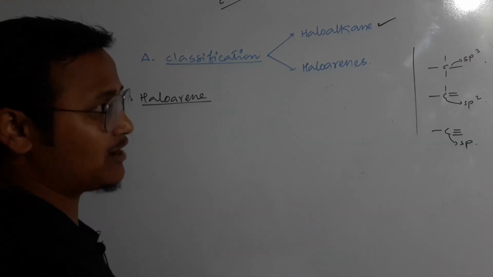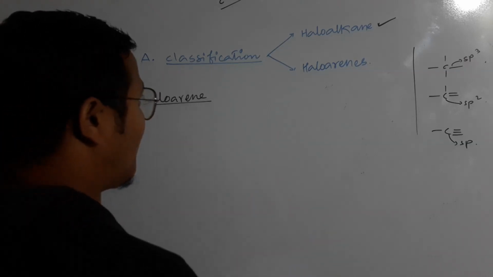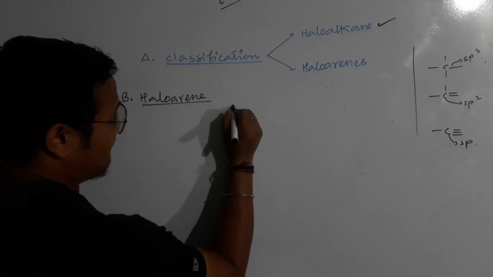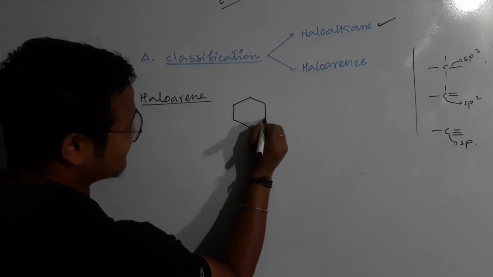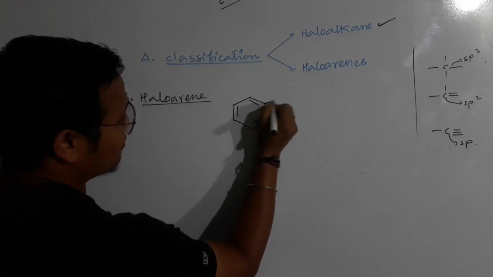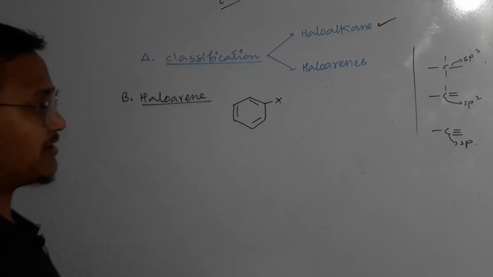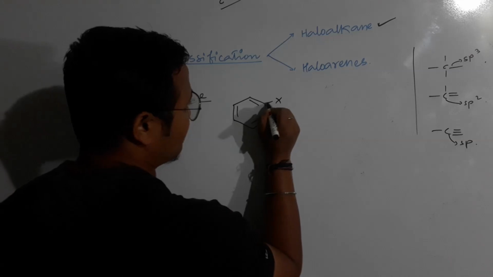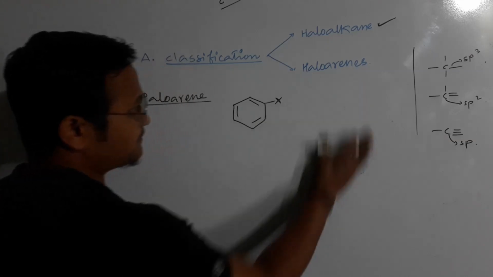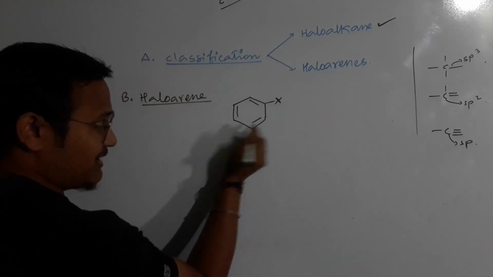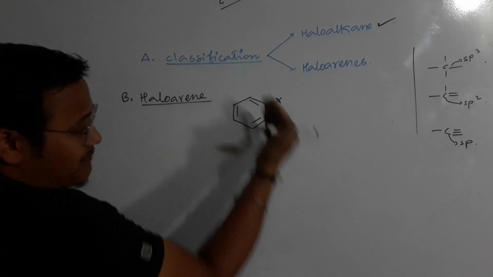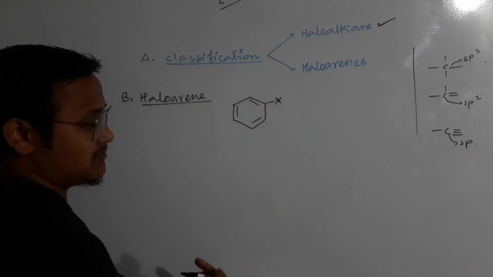Then it becomes haloarene. So if the compound already exists like this, on what basis will you classify this compound? Are you getting my point, right? I'm saying that this is already haloarene, so on what basis will you classify this compound?